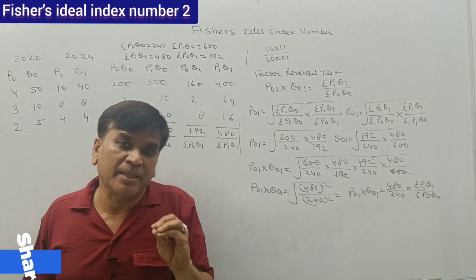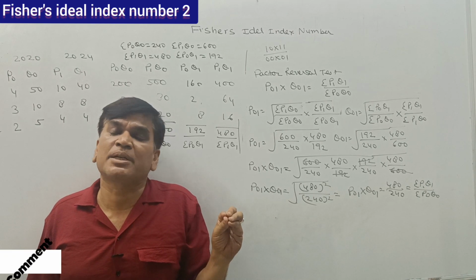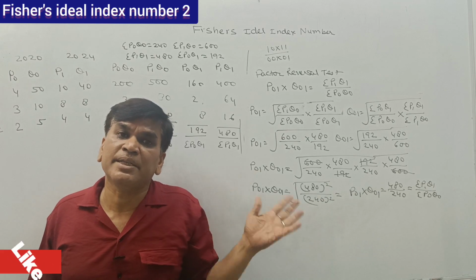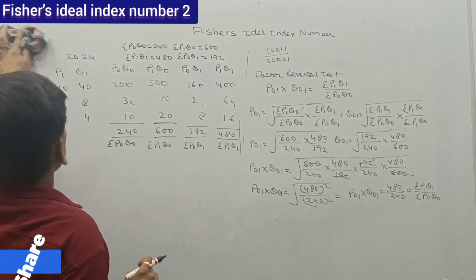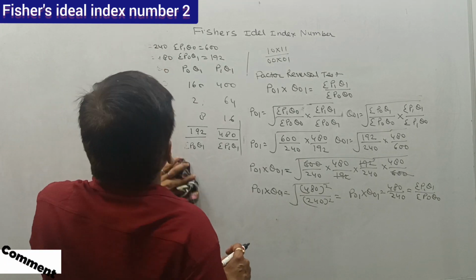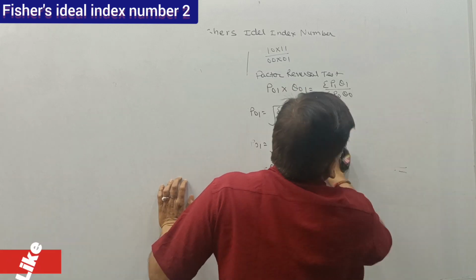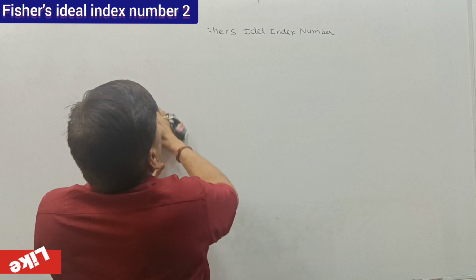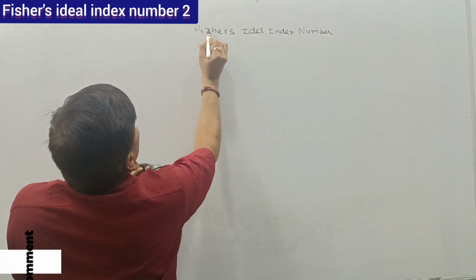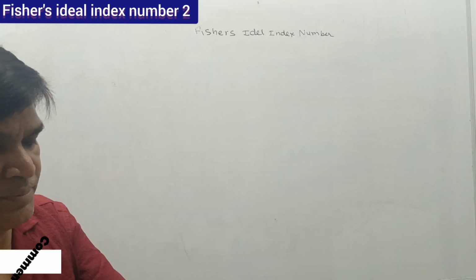If the question only says calculate the Fisher index number, you do not need to write these tests. We will do one more question for practice, which will make you perfect in Fisher's ideal index number, so that you can solve any type of question.